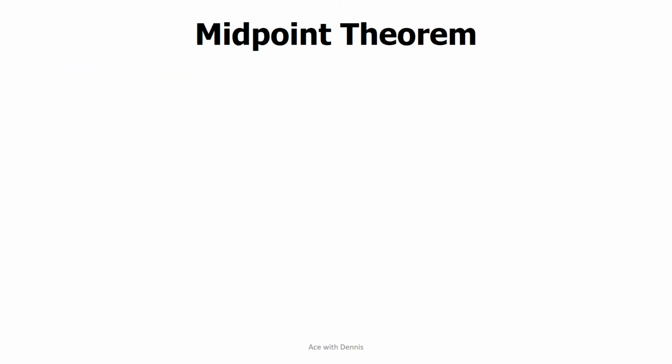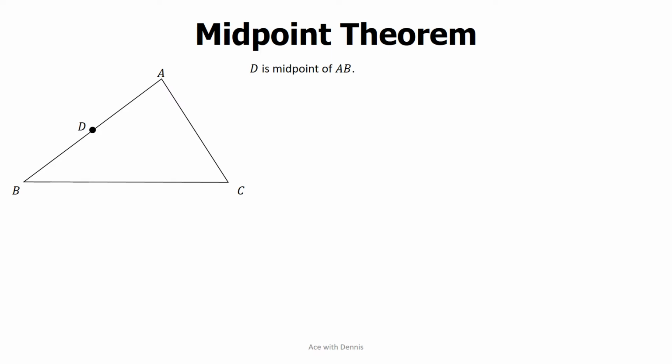Midpoint Theorem. Let's look at this diagram. This is a triangle ABC, and this is the point D. Point D is the midpoint of AB. Therefore, the length of AD equals the length of BD. And this point is point E. Point E is the midpoint of AC.